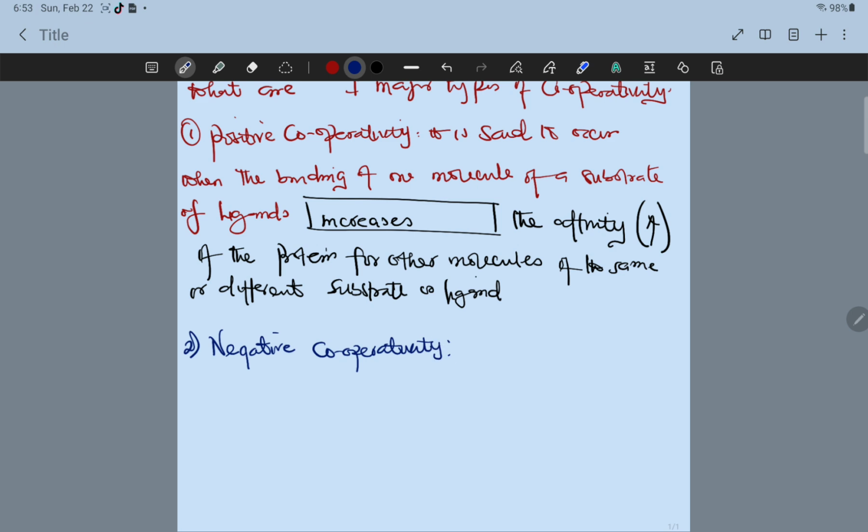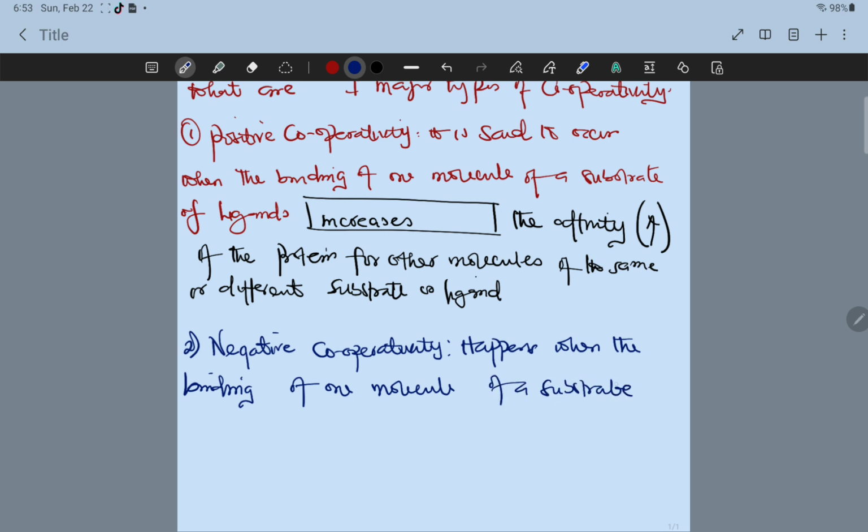This happens when the binding of one molecule of a substrate, of ligands, decreases. Now one is increases, the other is decreases.